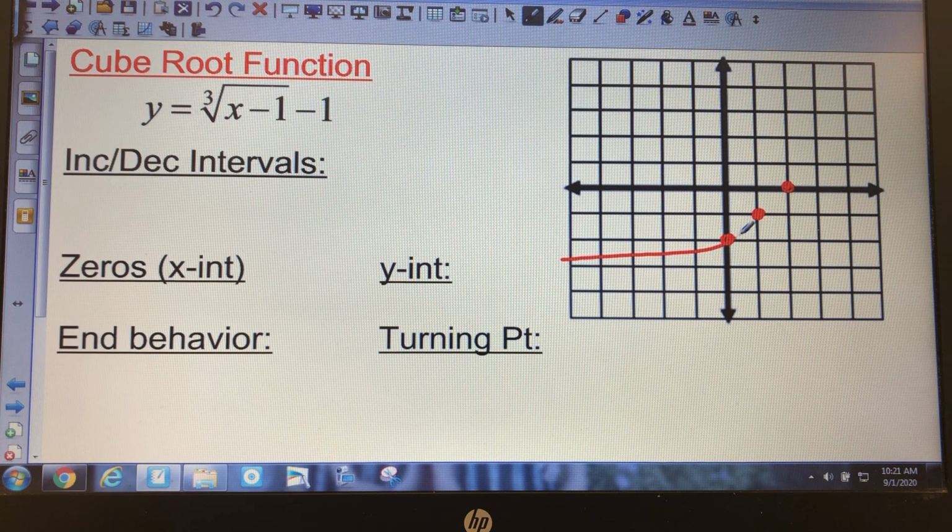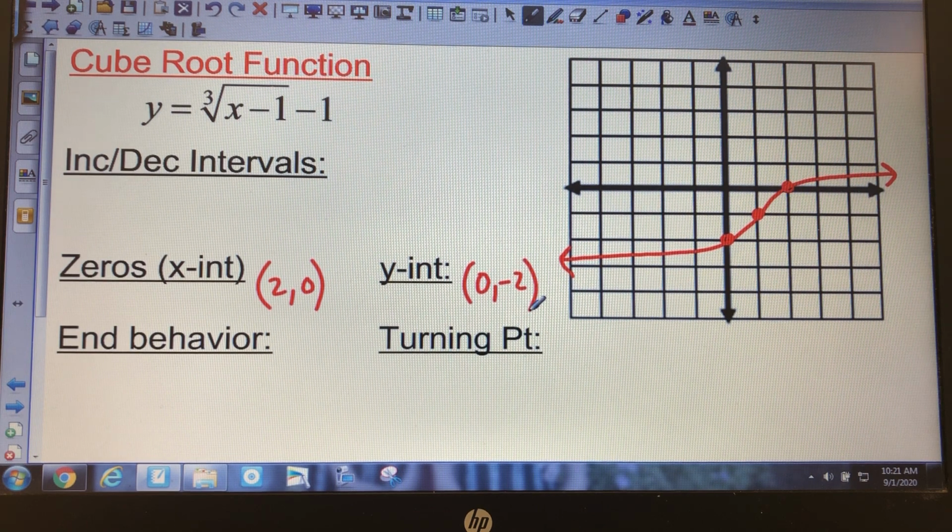Those are going to be off our graph here, so we get this. Okay? The x-intercept, (2, 0). That is your zero of the function. The y-intercept, (0, -2). Where does it touch the y-axis?